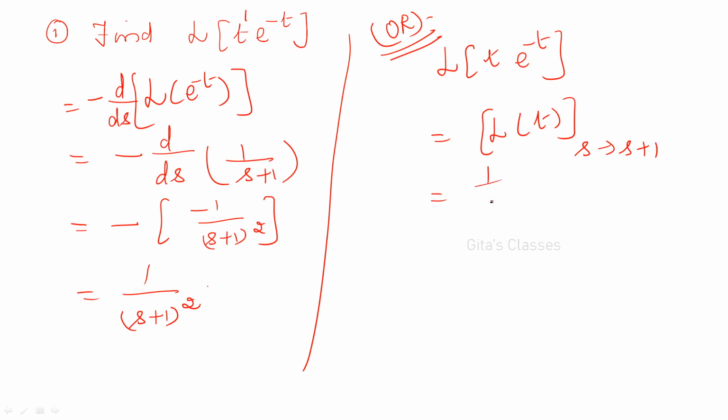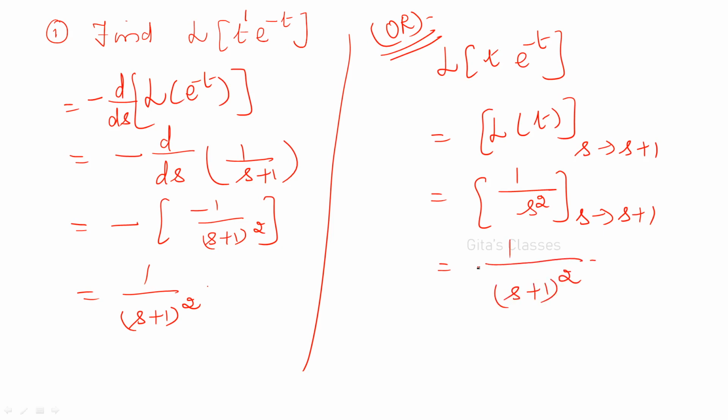What is L of t? We know the formula, n factorial by s power n plus 1. So 1 factorial by s power 2, that is 1 by s squared, in which s should be replaced by s plus 1. That is 1 by s plus 1 the whole square. The same answer you will be getting in both methods.